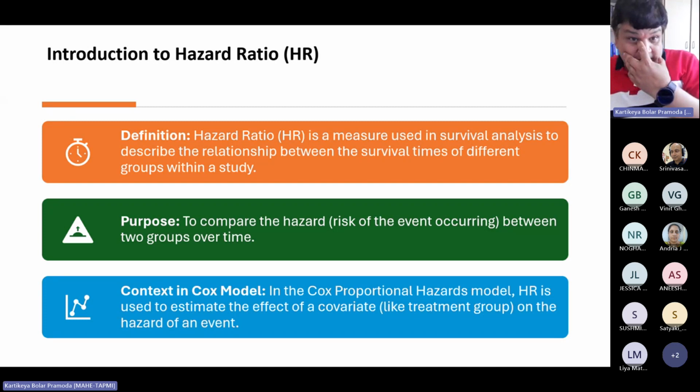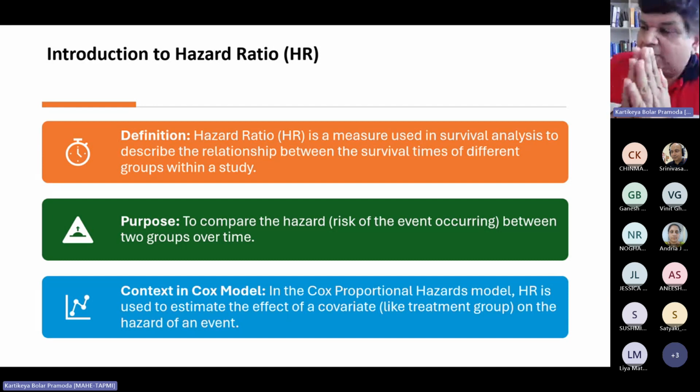So just to give you a formal definition, it is a measure used in survival analysis to describe the relationship between the survival times of different groups within a study. Generally, survival analysis is best understood when it is done in comparison with something else.